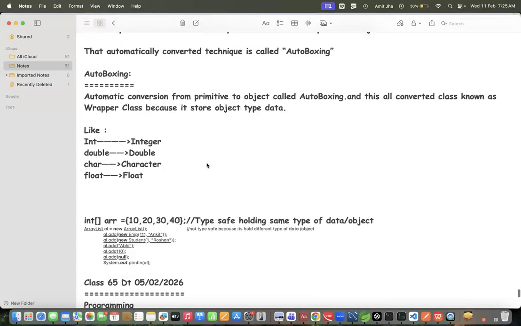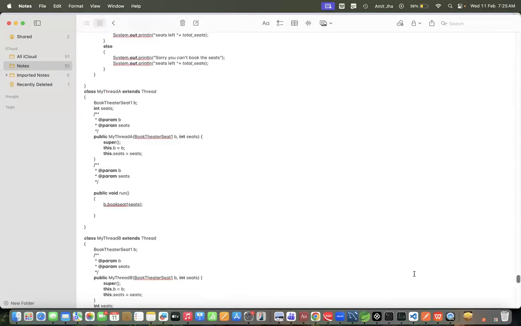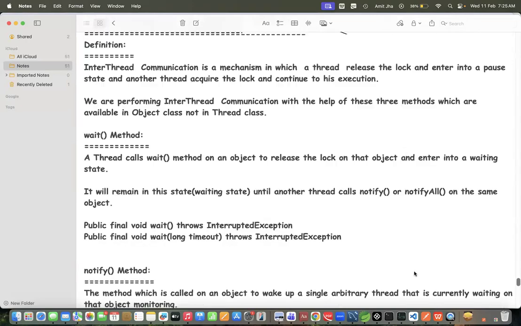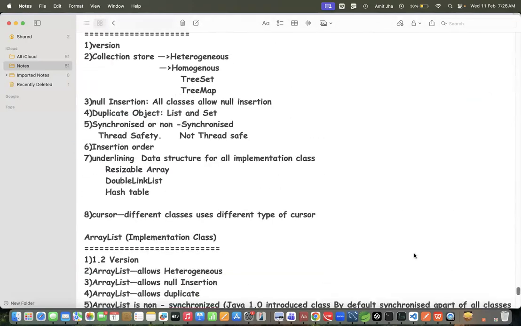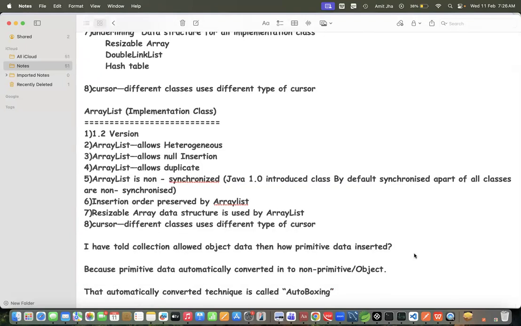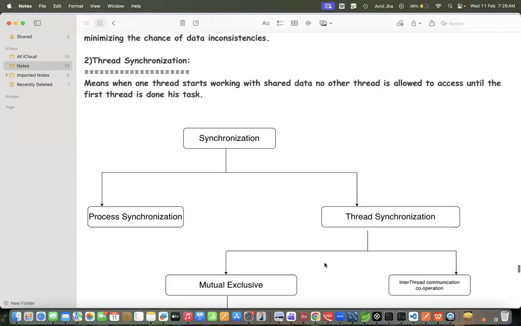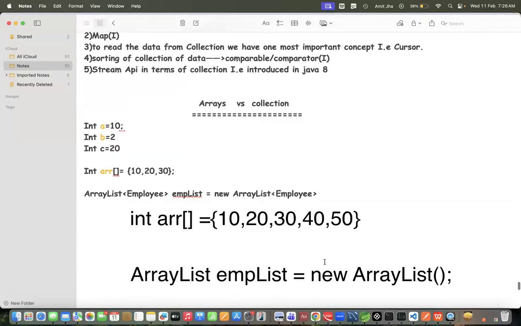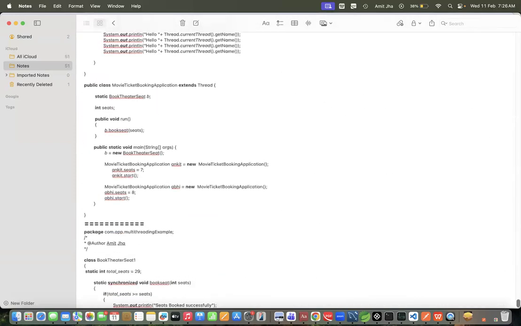Otherwise you will feel it is very complex, very tough to write even a single piece of code, because you don't know the concept. In the last class I already explained what ArrayList is, what the problem is, what the benefit is.